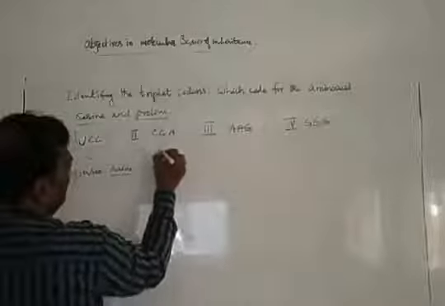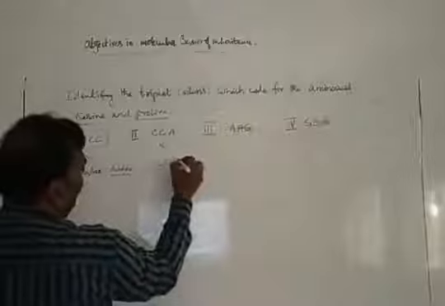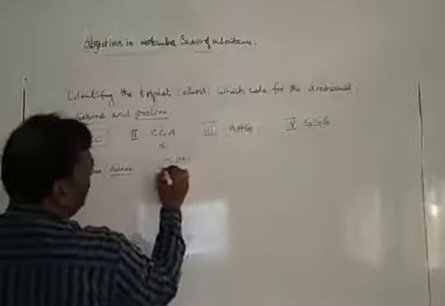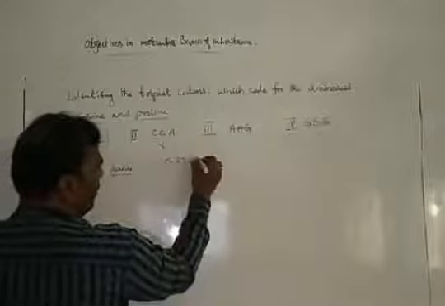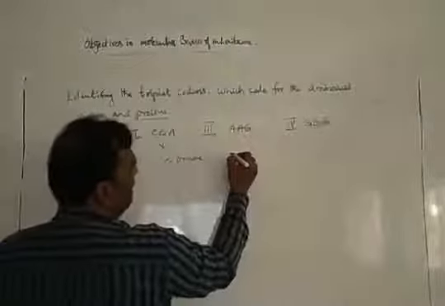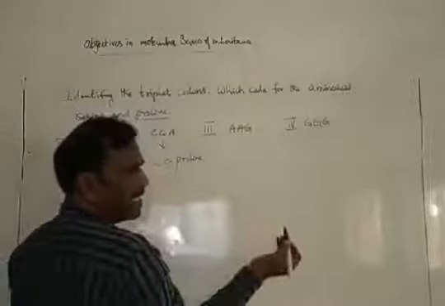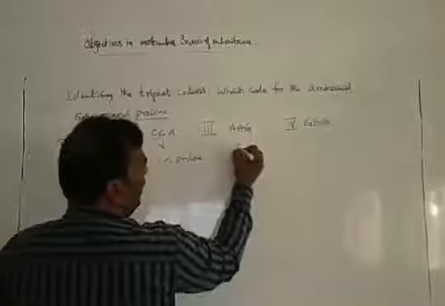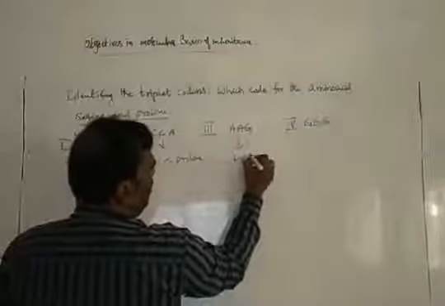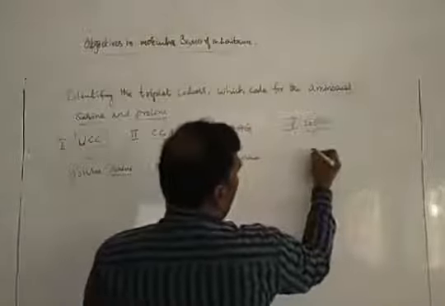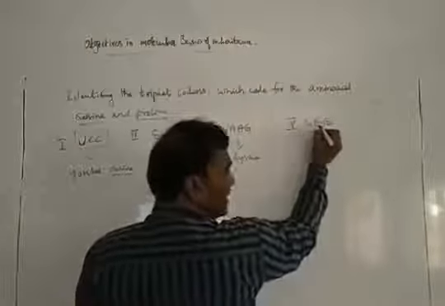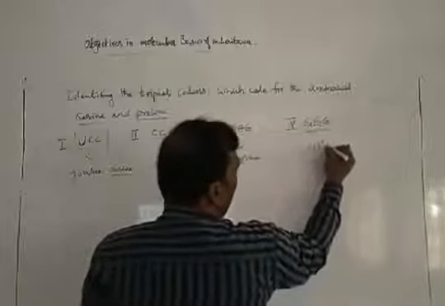CC is proline. When a codon starts with CC, it codes proline. AAG codes lysine. GGG, the codon which starts with GG, gives glycine.